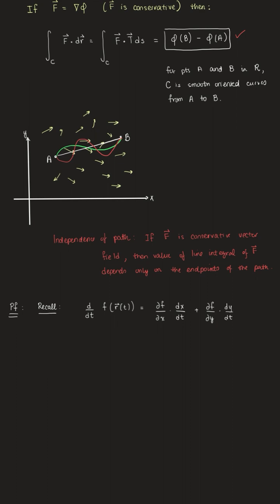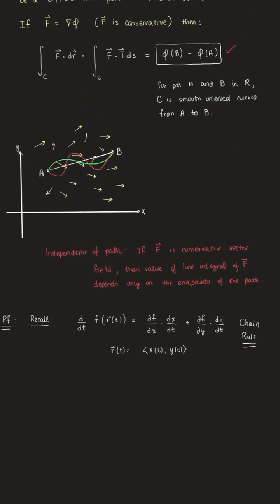Here, I'm thinking of r of t as a vector function with components x and y, which are functions of t. So x of t, y of t. So just a reminder of the chain rule, because we're going to see a form of it in this proof.